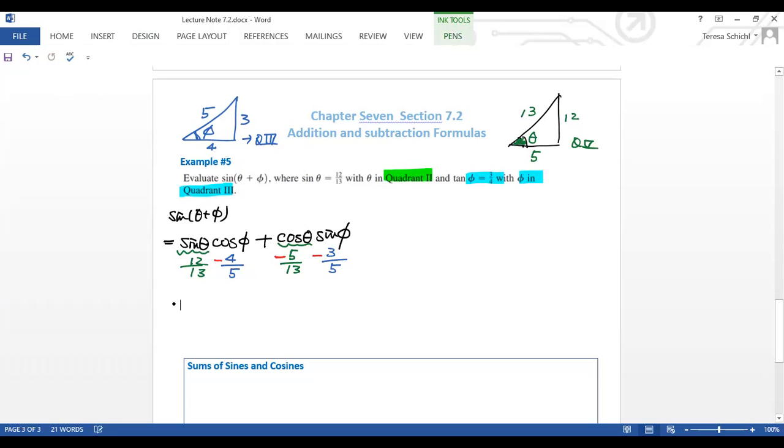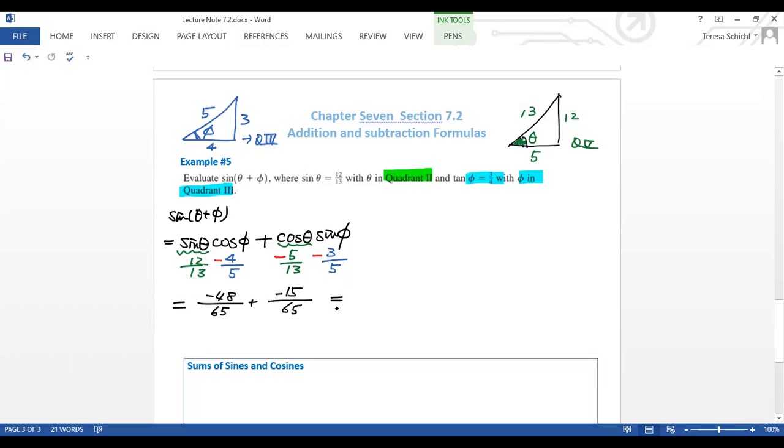Now I can find the values here, right? So this is 13 times 5 is 65. So this is negative what? 48 plus 65 is negative what? 15. When you add them together, what are you going to have?